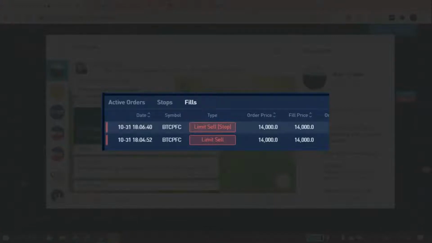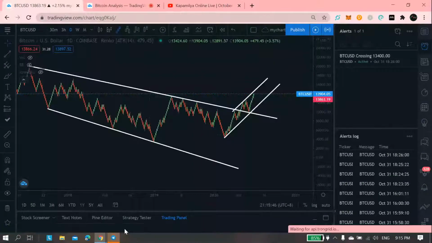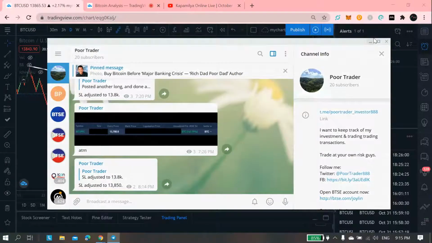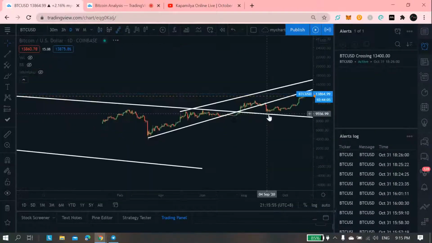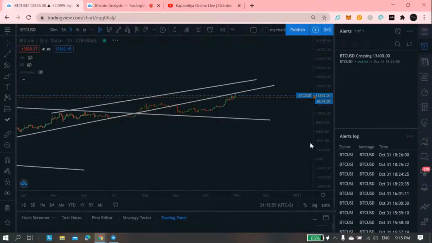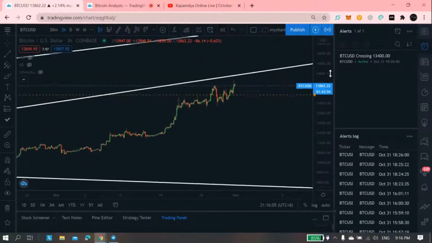So I entered close to this area, 13,400, because that's my alarm. After I entered, it pulled back. If you use the candlestick, you can see that, because in Renko, you cannot see that.